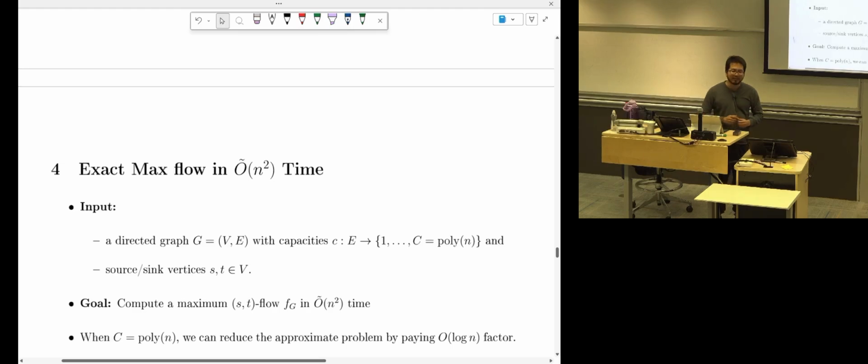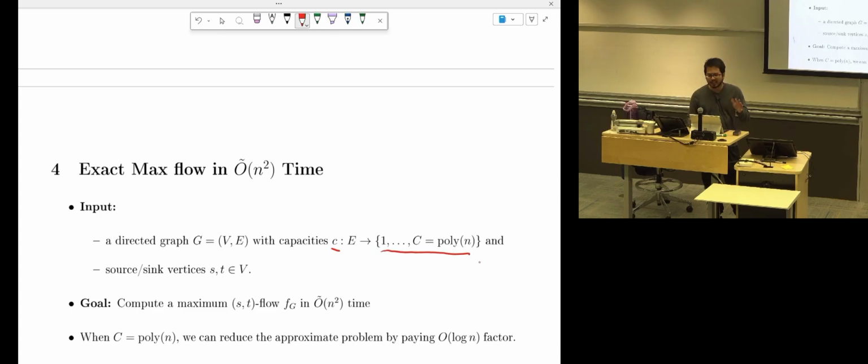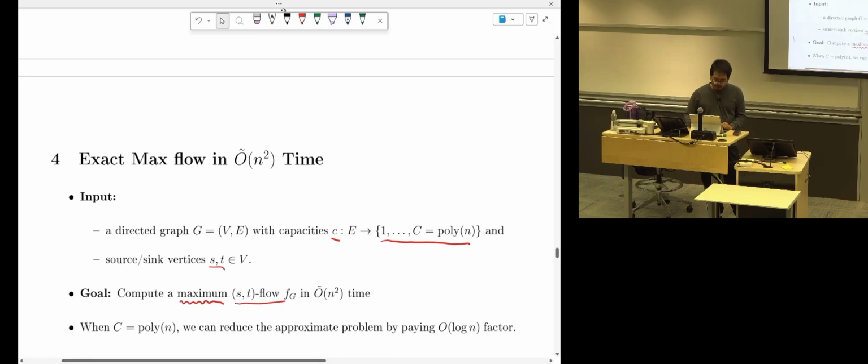Now let's see how to get max flow. Let's say that you have a graph with integer edge capacity, let's say at most poly n. And there is a source and sink, S and T. And you just want to compute the ST max flow. Okay, so here is the exact maximum flow. But one thing to note is that you can actually reduce the problem to an approximate one.